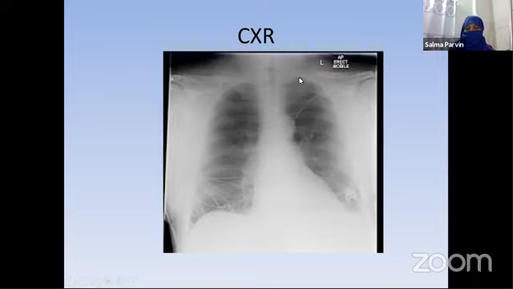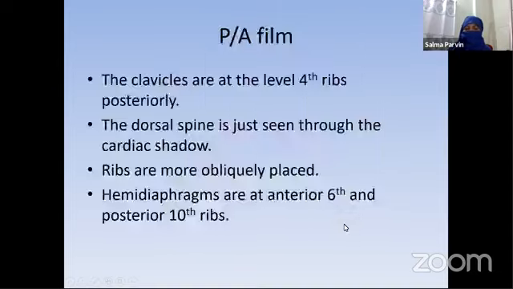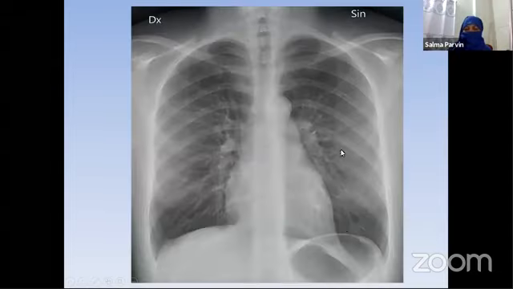What about the clavicle? You see, the clavicle is cranially shifted, and the ribs are more horizontal in this film rather than the previous film. You see these are obliquely placed and the clavicle is here.